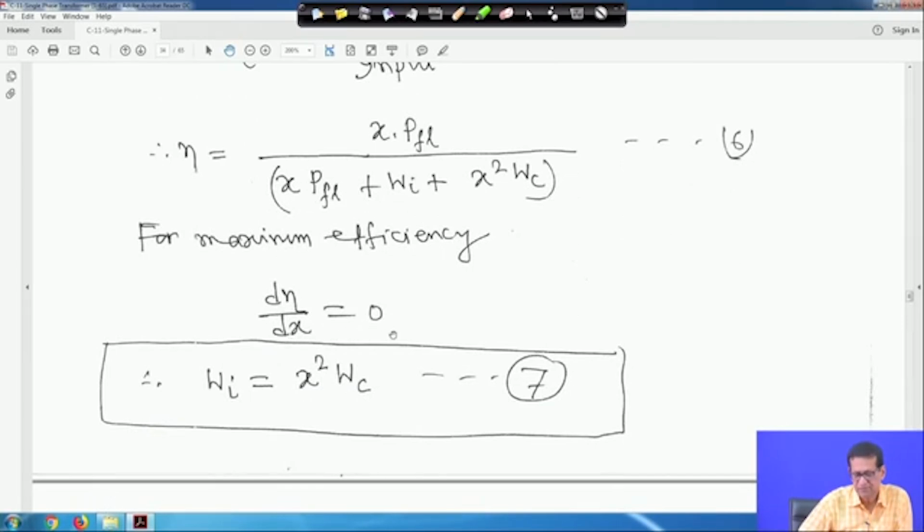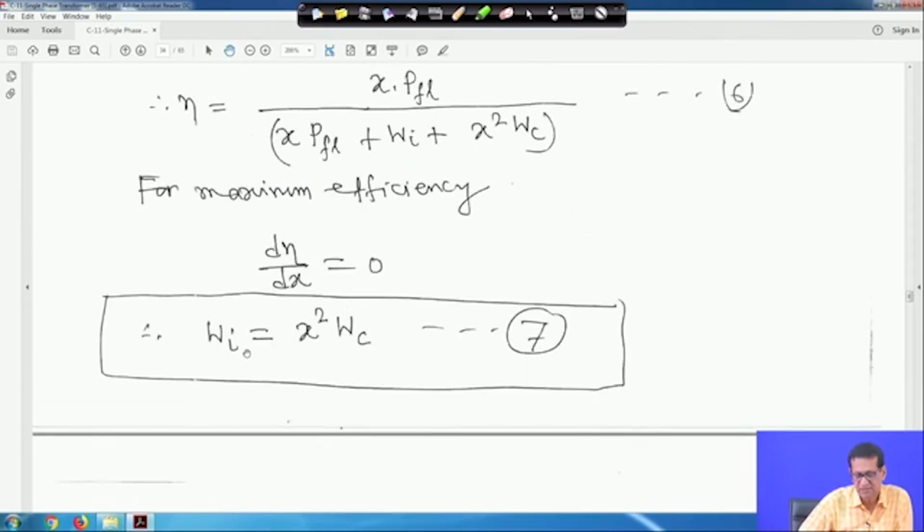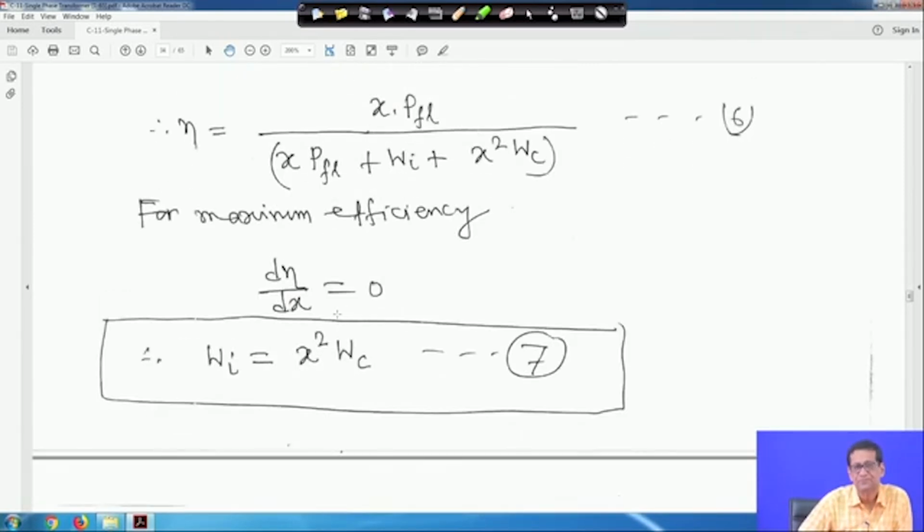If you say d eta upon dx is equal to 0, you will see iron loss is equal to copper loss. This condition you have to keep in mind for solving numericals. For maximum efficiency, iron loss is equal to copper loss. Please do the derivative yourself, and you will get this answer.